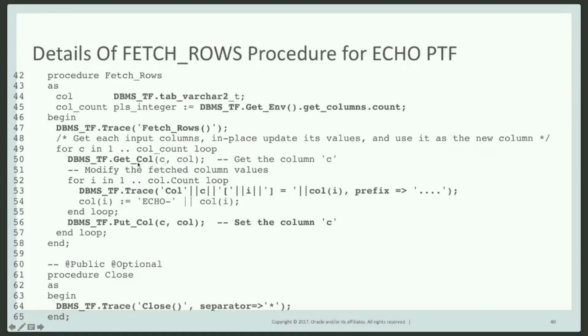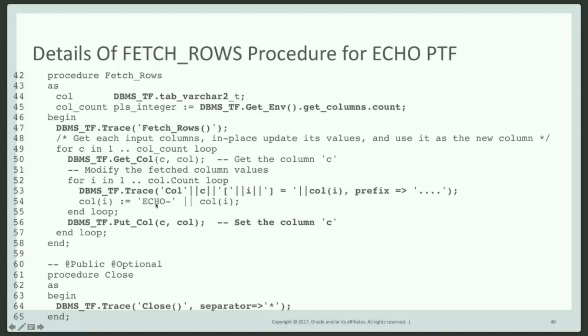So I'm going to get the column here, and then I need to know from a tracing perspective, okay, here's the column and whatever the column is. So I'm going to get column 1 equals whatever it equals. I'm going to echo this.